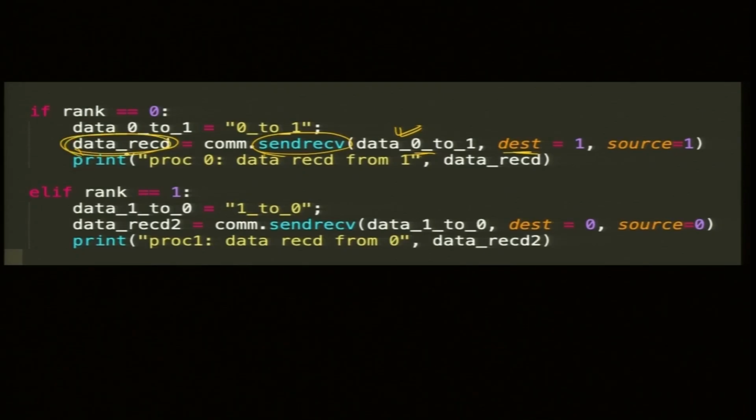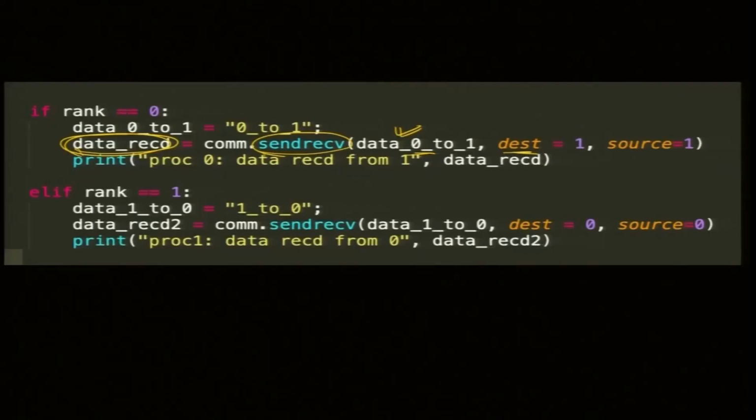So, in one line we can send and receive, and the MPI function will take care of removing the deadlock. It takes care that, okay, I am sending it, so the other guy should receive first. This is managed by MPI, and for rank 1 it is again using the same function, but this is to be sent from 1 to 0 and received here. So, I think I will stop here.